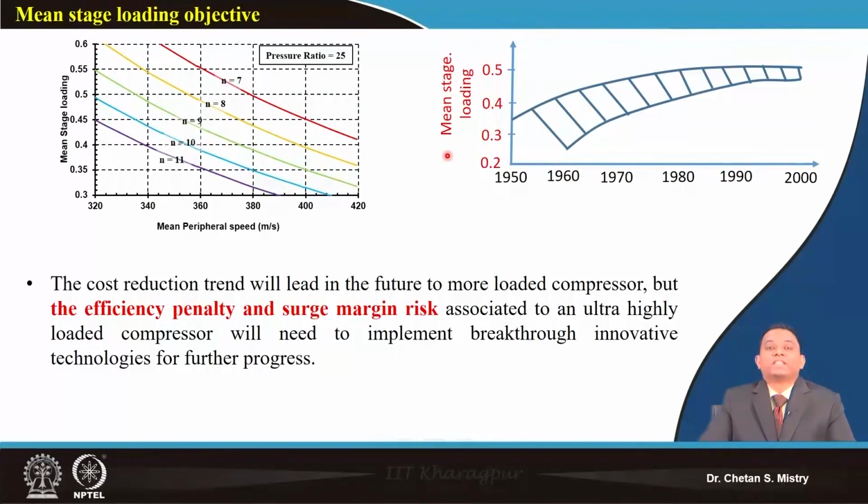So we are looking for new technologies to address these kinds of issues. There are some that people are working on at this moment, such as aspiration, maybe tandem bladed configuration, maybe contra rotating configuration. All of these will help in order to achieve this kind of mean stage loading.